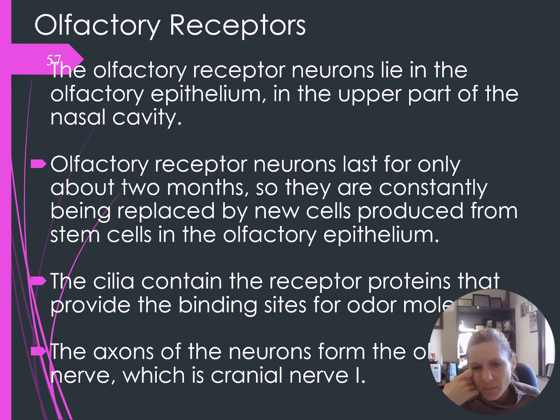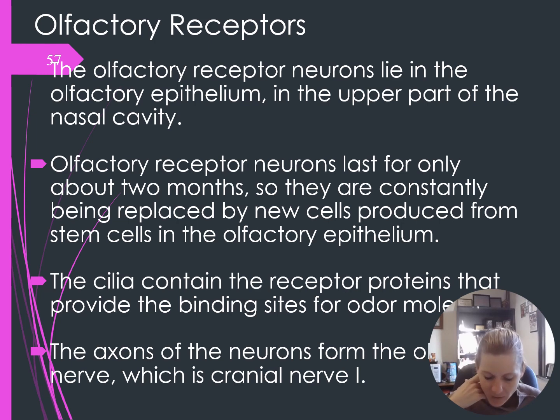Okay, so what about the olfactory receptors? Again, these are also a specialized chemoreceptor, but the olfactory receptor neurons lie in the olfactory epithelium, or the upper part of the nasal cavity. And these only last about 2 months, and then we're going to replace them pretty frequently as well.